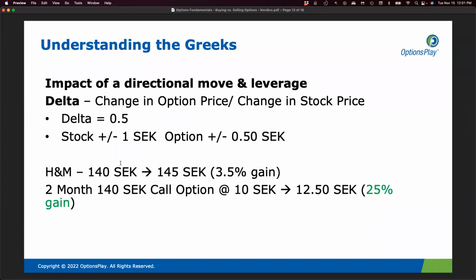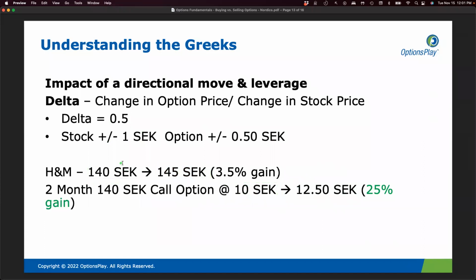So if you have a 140 crown call option that has a 50 delta, and the stock goes from 140 crowns to 145 crowns, right? That's a 5 crown move. Then that option will gain from the 10 crowns that you paid to 12.5 crowns.